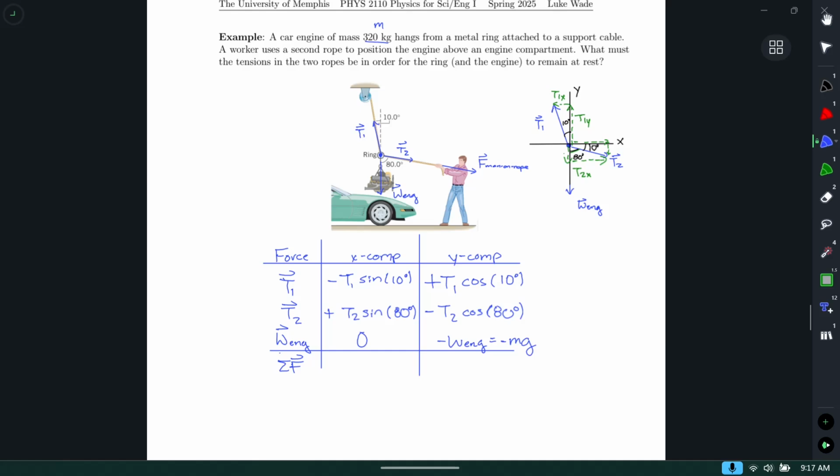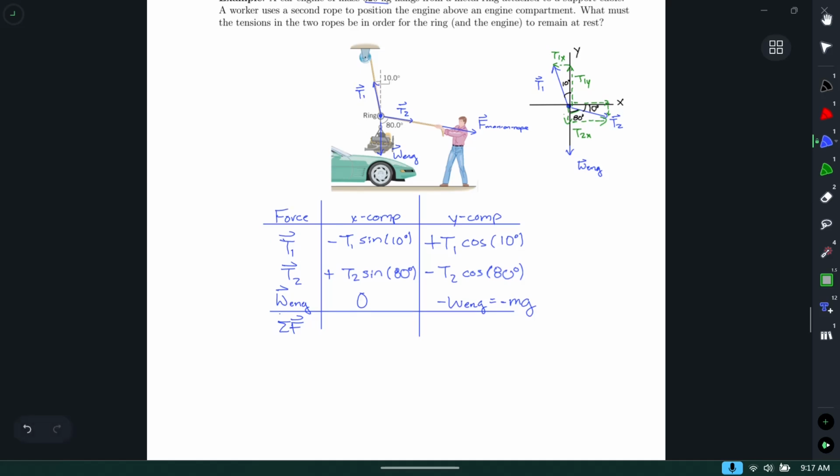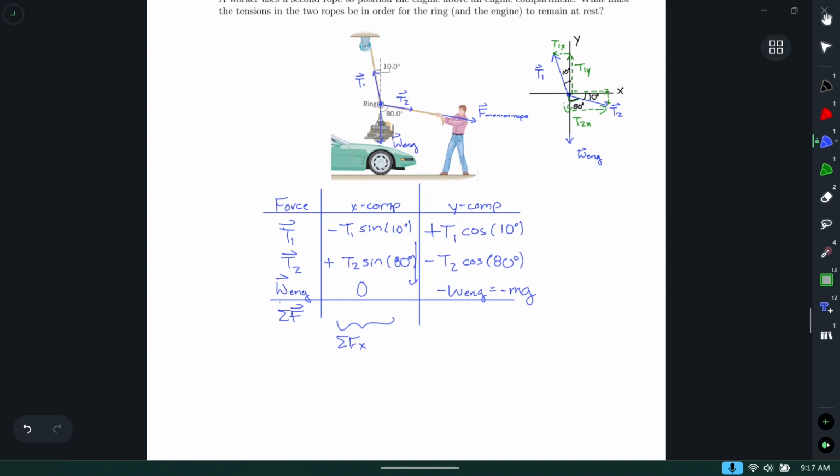All right, what's our next step? Find the net force. Yep, so we will add down the x column to find our net force in the x direction. I'm not going to write all that. I'm just going to say whatever I get is my net force in the x direction because I'm going to have to rewrite in a second anyway.